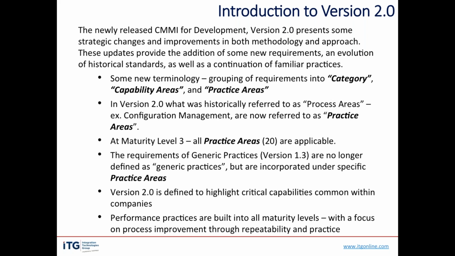The new model still stands the way the old model does as far as levels of maturity: level 2, level 3, level 4, and level 5. At level 3 in the new model, all 20 practice areas are introduced. Historically, in version 1.3, at level 2 there were 7 process areas. At level 3, there were 18 process areas, and at level 4 and level 5, all 22 defined process areas within the model were implemented.